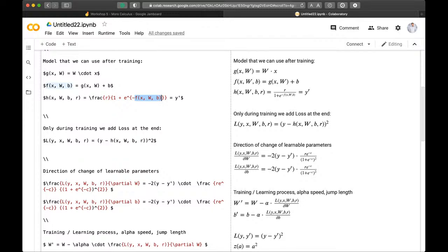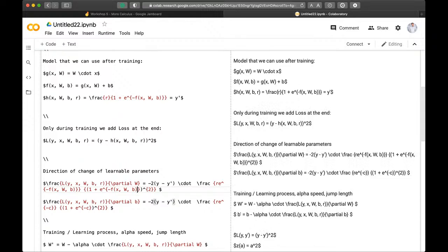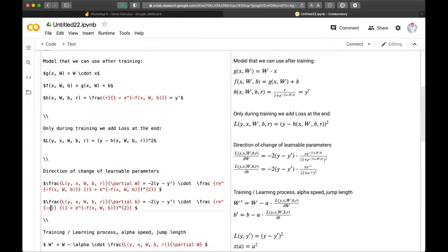So we change it with an F here, like that, and like that, and like that.